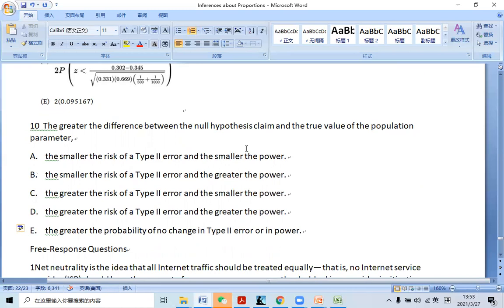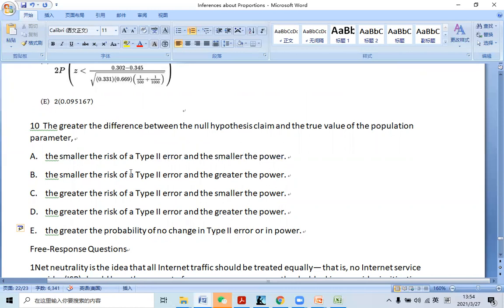The null hypothesis basically says there's no difference. And if the null hypothesis really has a big difference from the population parameter, it is good. Smaller the risk for type 2 error. What is type 2 error?